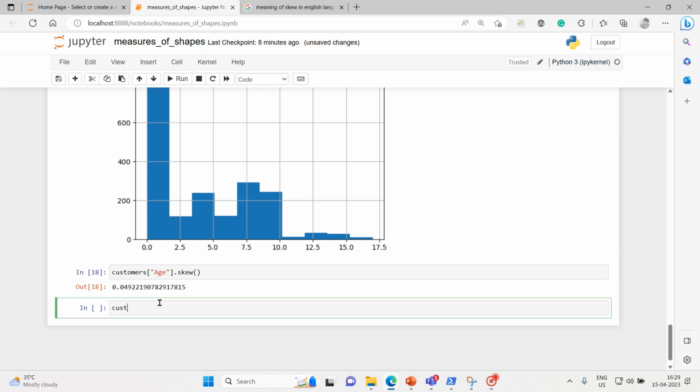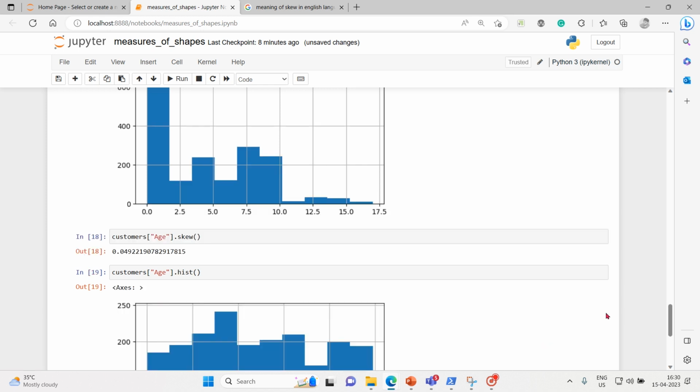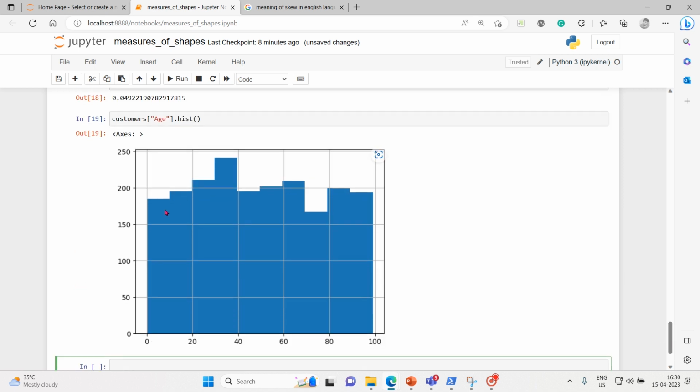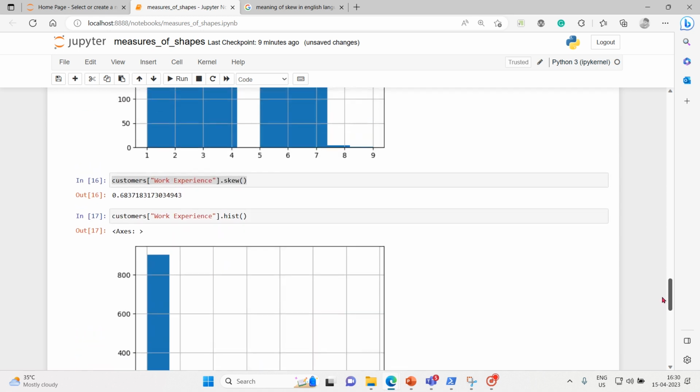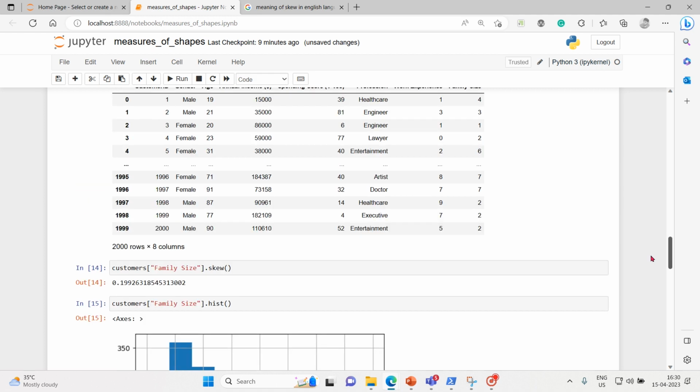Let's check the shape. Yep, that's okay. It's neither positively skewed nor negatively skewed. Some sort of shape.